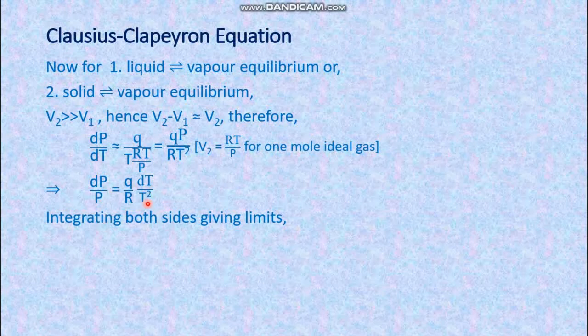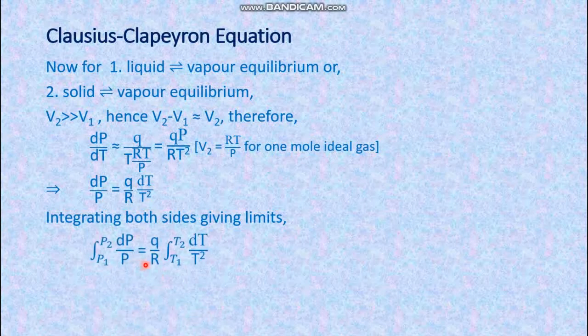That means, suppose you are trying to boil some water, or you are trying to sublime some solid, suppose naphthalene or camphor, whatever. At some initial pressure P1, its sublimation or boiling temperature is T1. At some other pressure P2, its respective sublimation or boiling temperature is T2. So these two can be the limits of the integration.